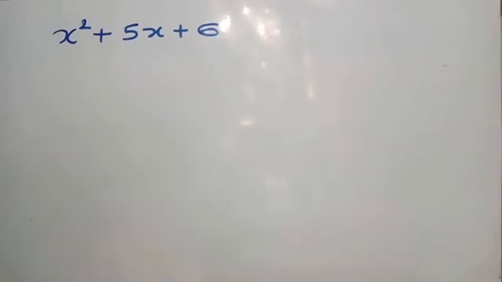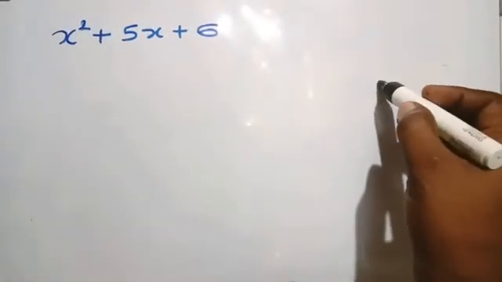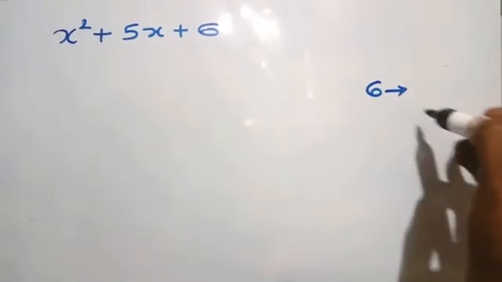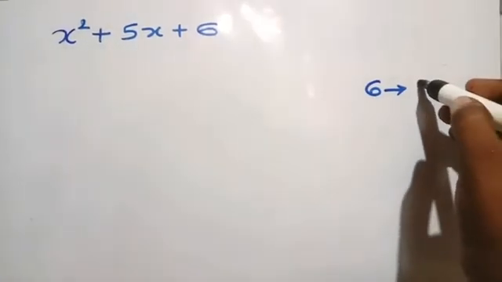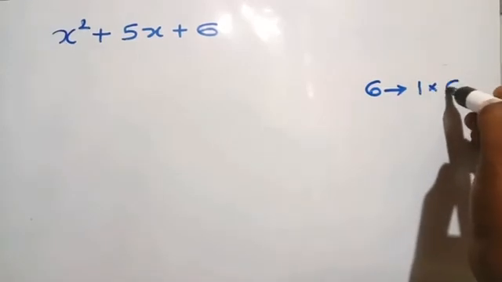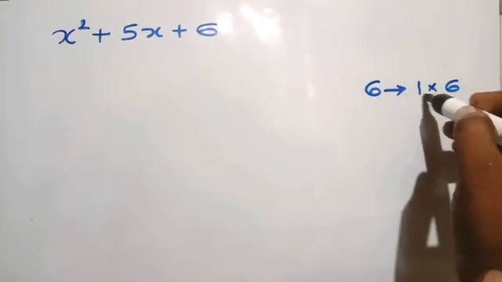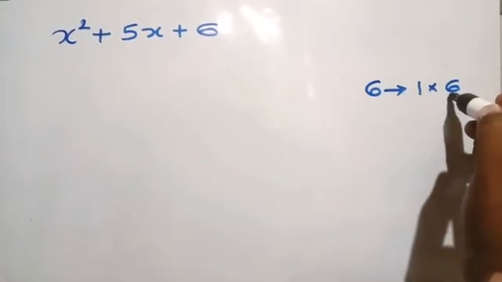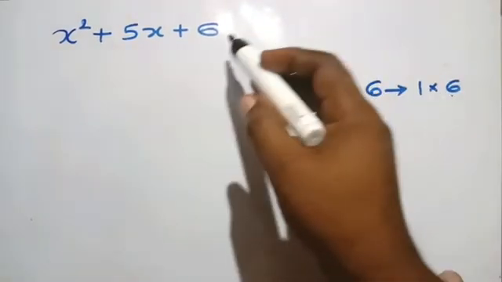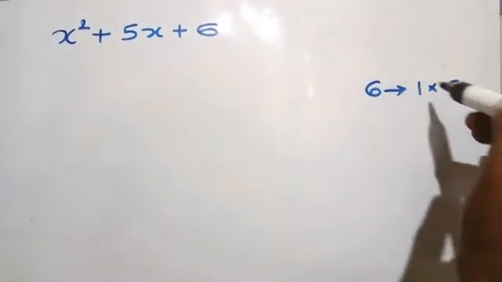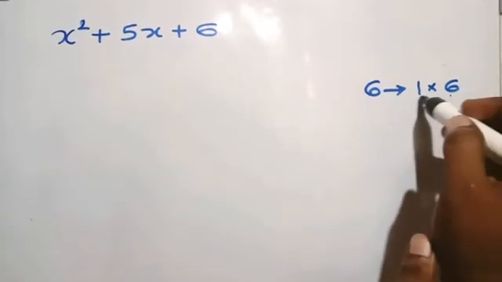So the best way is, let's write the factors of 6. What are the factors of 6? Yeah, 1 into 6 is 6. But you just see, if you add these two numbers, if 1 and 6 are the two numbers here, check whether you get 5 by adding these two numbers.